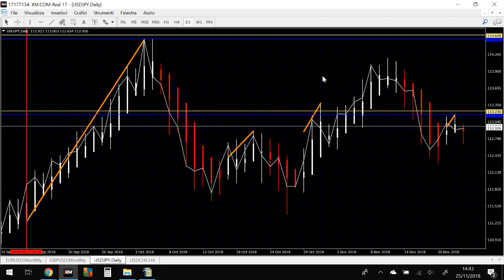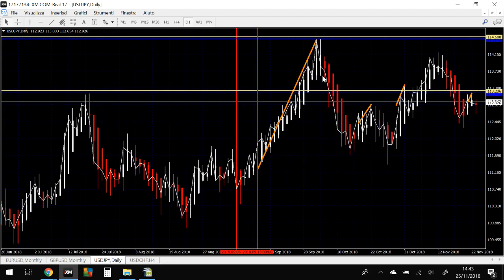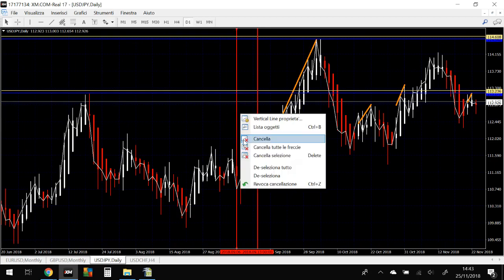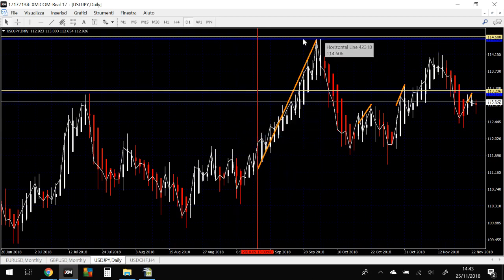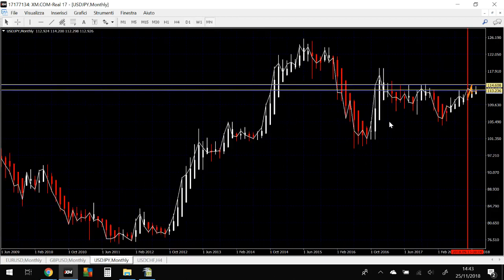Okay, so if I zoom out, you see that in this price zone, I've been profiting from all this movement, this, and this. And if I look at the monthly chart, it is only a little part of a wider price zone. So I'm sure that if the price goes south, I will only have two trades left.